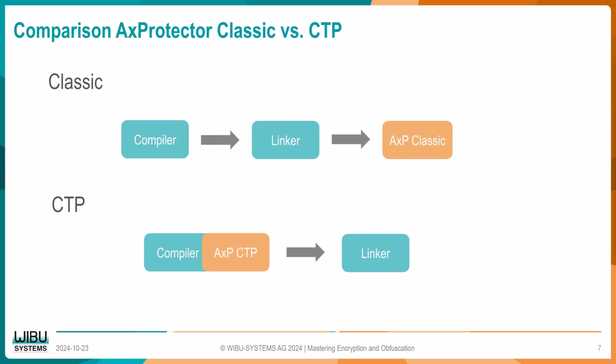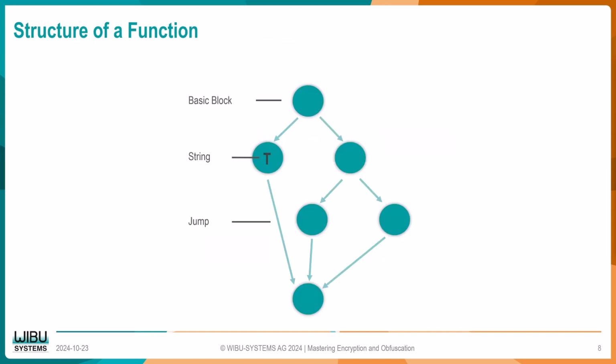Okay, let's take a little more in-depth look at how we actually protect your application with CTP. But first, let's get some basics defined so that we know what we talk about in the future. A function at compiler level consists of basic blocks, which are here defined by the balls.